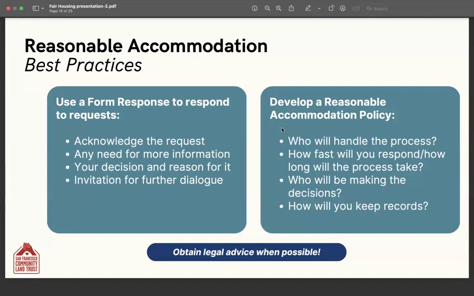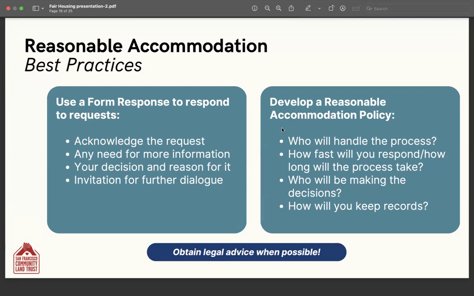How fast will you respond, and how long will the process take? Who will be making the final decision around a reasonable accommodation request? And finally, how will you keep records of the requests that you've received, of the responses that you've given to people, and of maybe even potential accommodations that you have made in response to people's requests?